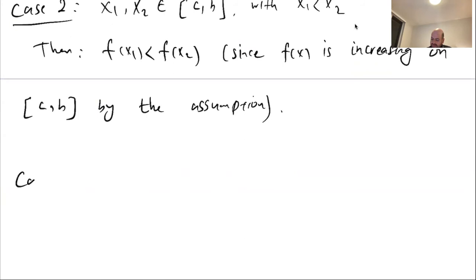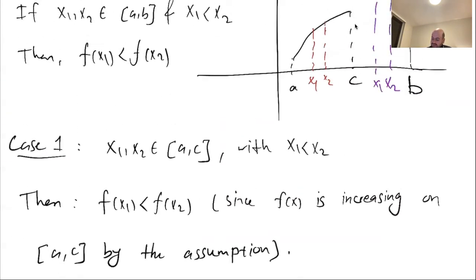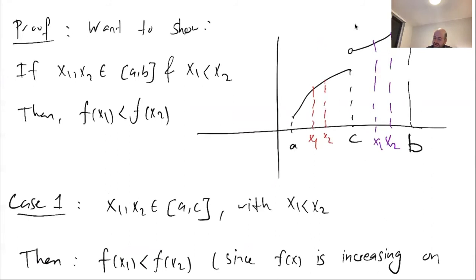Case 3, another possibility is that I can have my x1 here and my x2 could happen to be here. That's also a possibility, right?